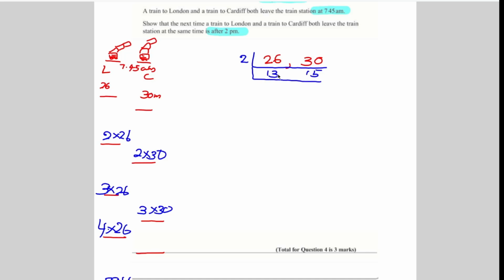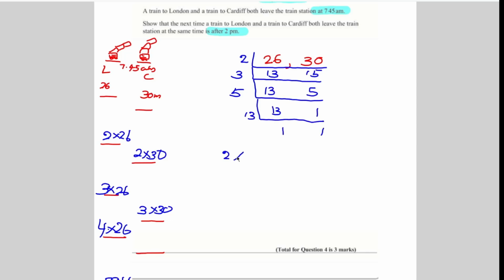So now I'm done dividing by 2. Next, the smallest possible number is 3. 3 times 5 is 15, so 5, 13. Then 13 times 1, 1. So we are done dividing.